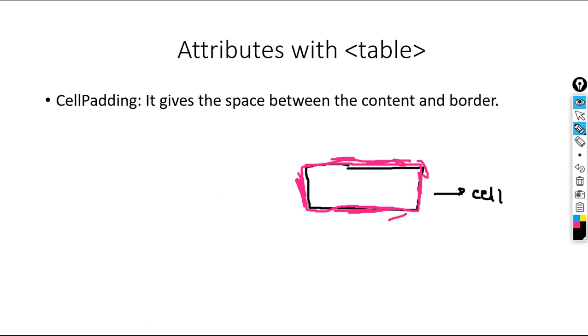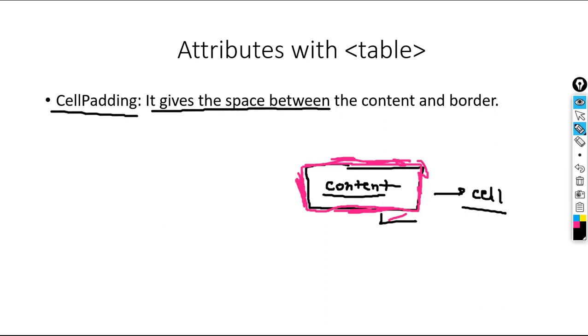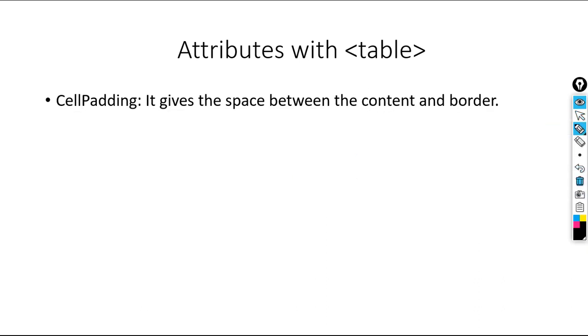And here we will have our content. So this is the cell, this is the content, and this is the border of the cell. Understood? Now cell padding gives the space between the content and the border.